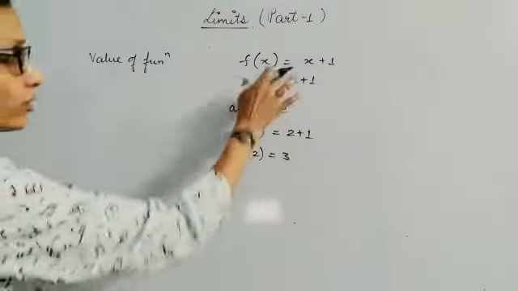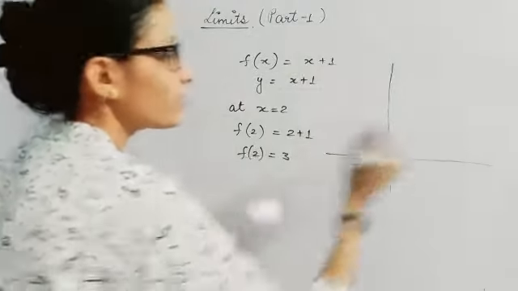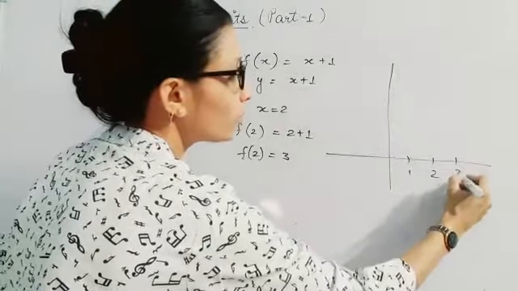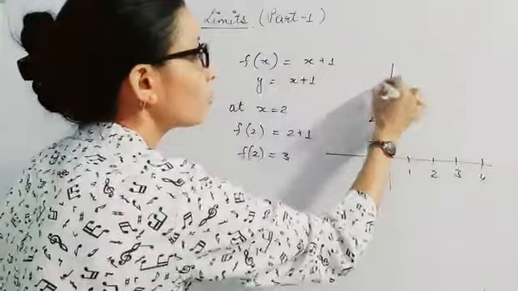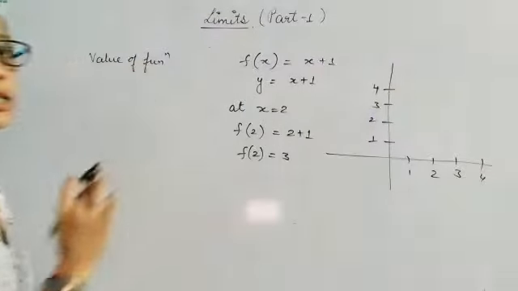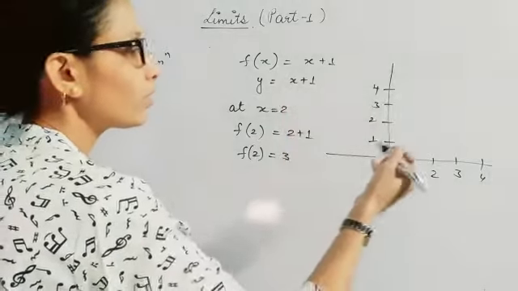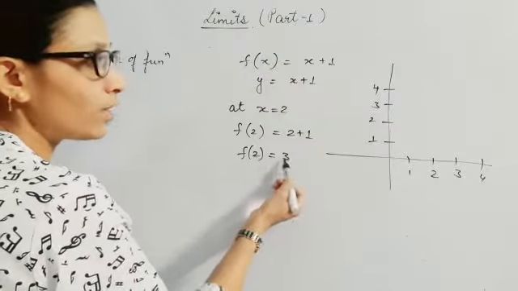Alright, if I want to draw the graph, graphically I can represent it like this. Let's suppose it is 1, 2, 3, 4 here and 1, 2, 3, 4 here. You can see this is a linear equation in two variables, so I can draw the graph. Let's suppose it is given to me that f(2) = 3. That means y = 3.